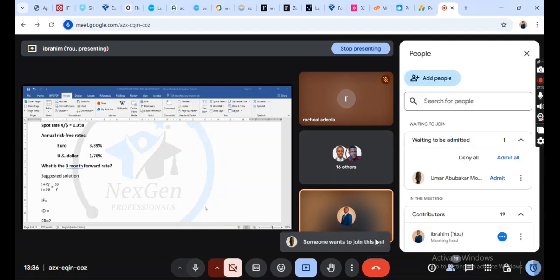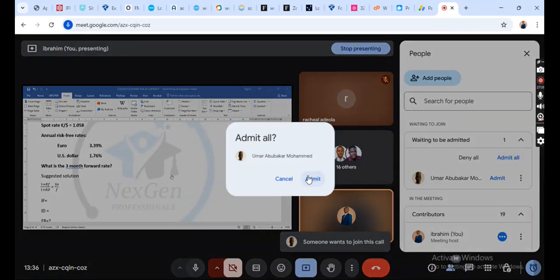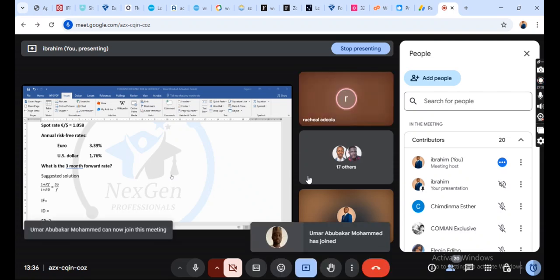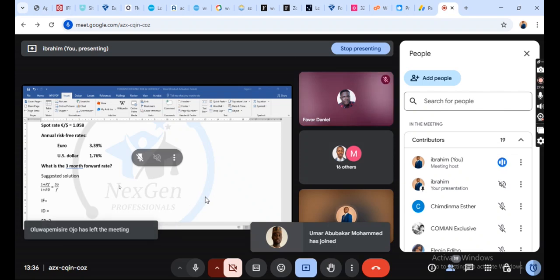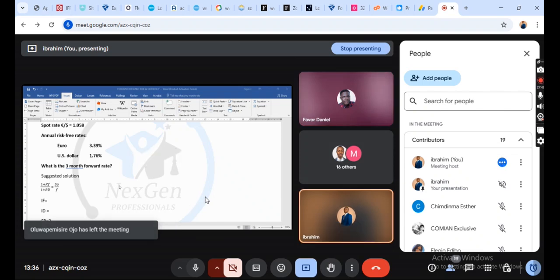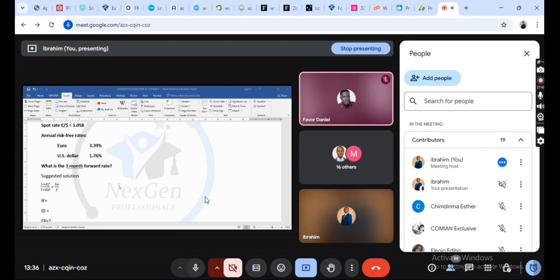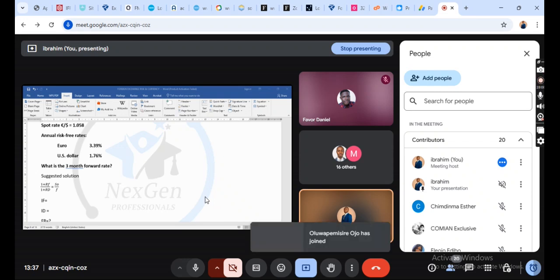Foreign is 1.76%. Then domestic is 3.39.